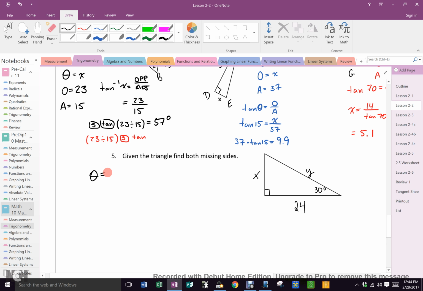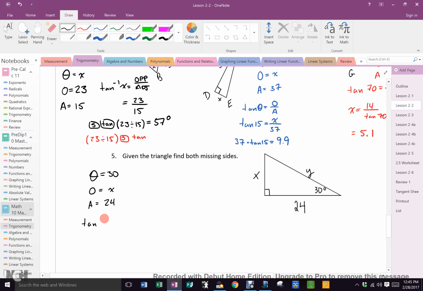What is it? 30. What do I know about 30? Do I have an opposite? X. Do I have an adjacent? 24. Can I do something mathy with that? Yes or no? Sure I can.